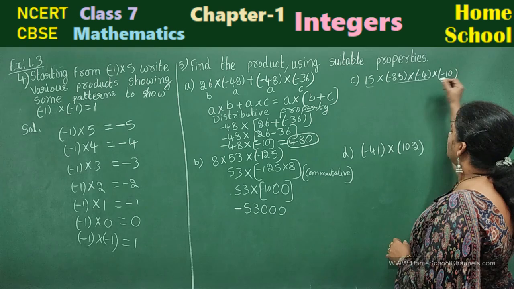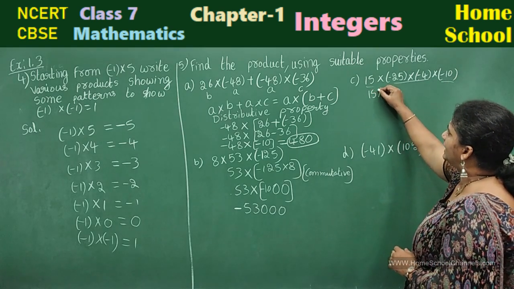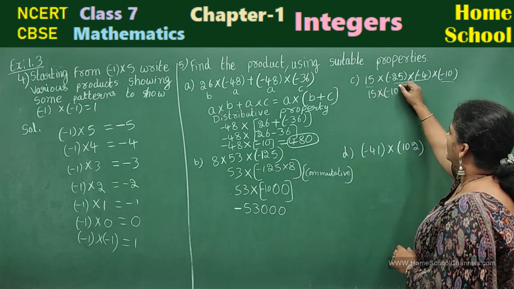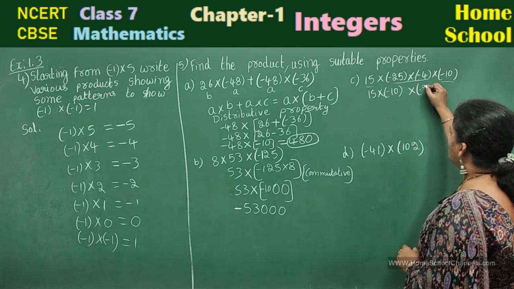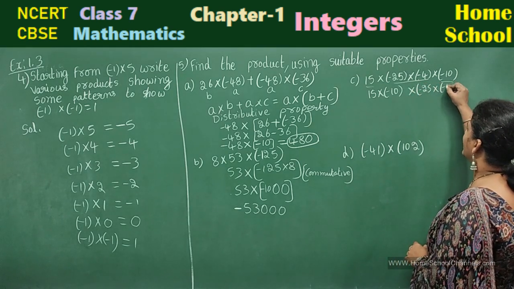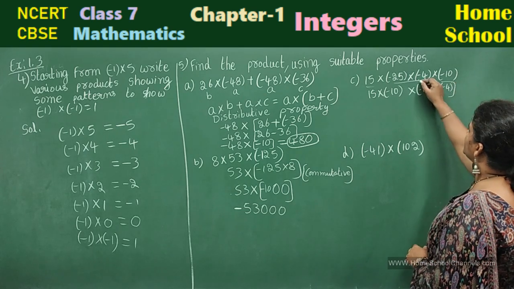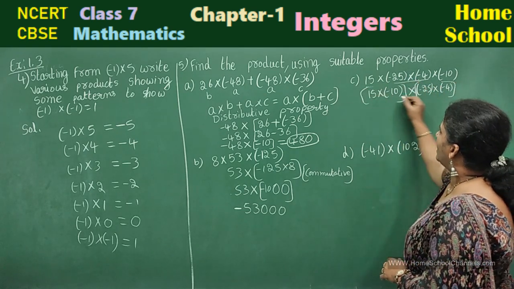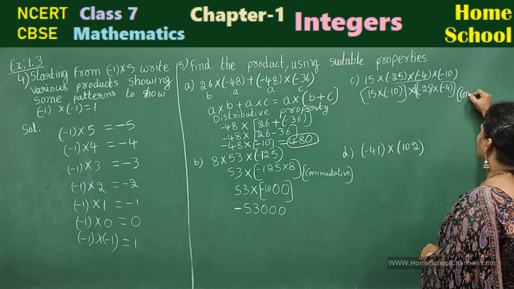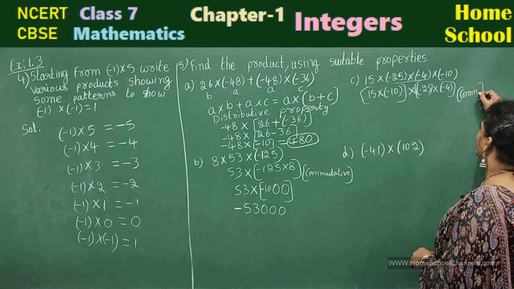So 15 into minus 10. Rewrite this: 15 into minus 10 into minus 25 into minus 4. If you want, you can put brackets and write it, since by the commutative property you can write this.